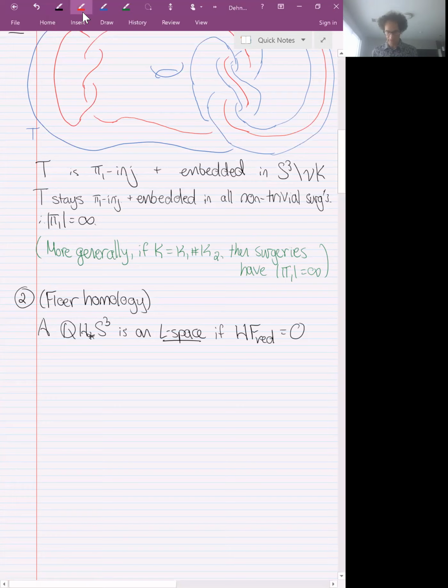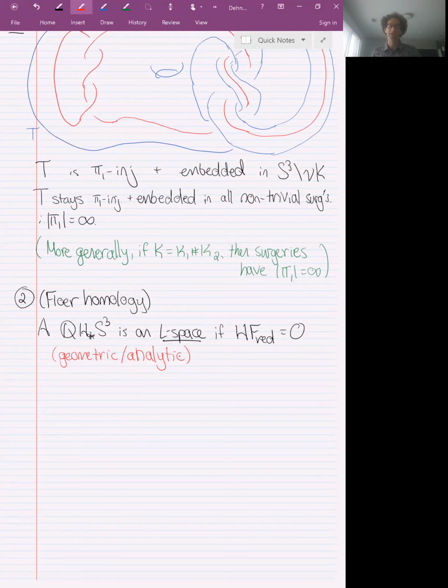So I haven't defined for you what this Floer homology group is, but what you should have in mind is that this is something which is geometrically or analytically defined. It comes in a couple different ways. You can think of it as counting solutions to the Seiberg-Witten equations on your 3-manifold, so that's solutions to some geometric PDE.